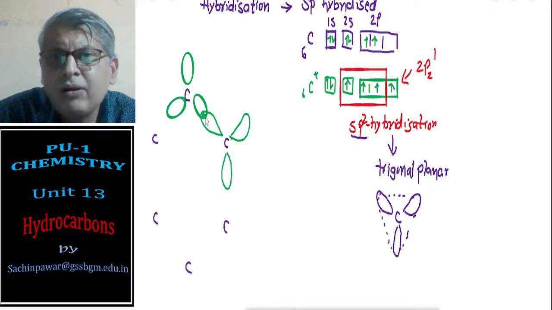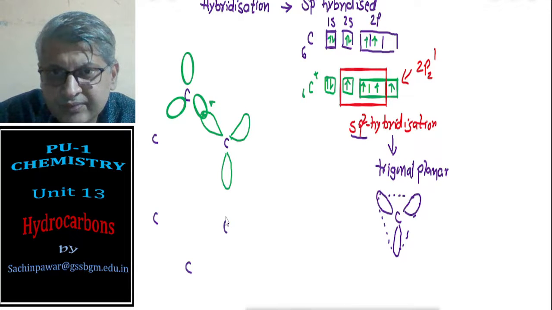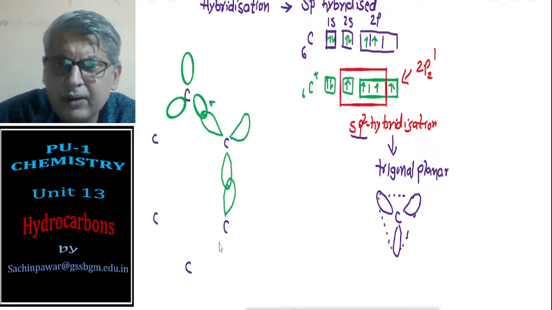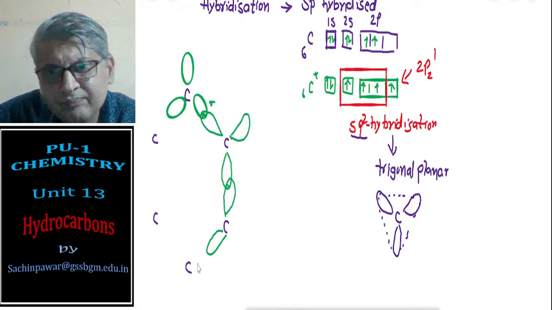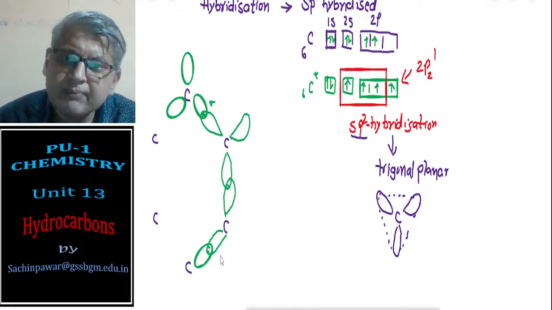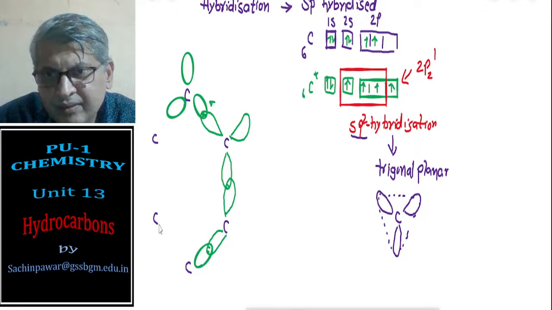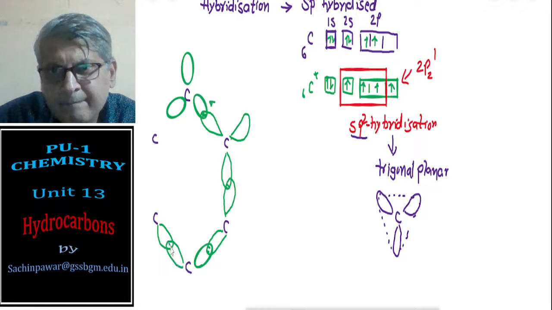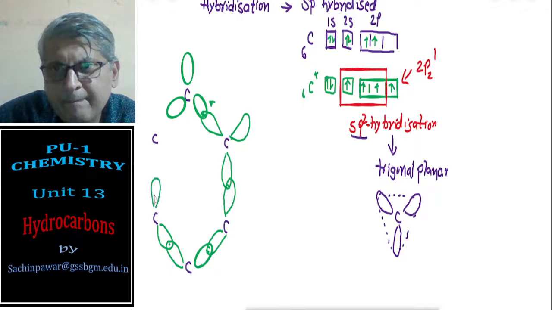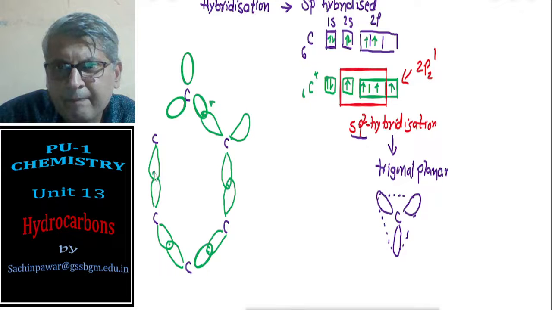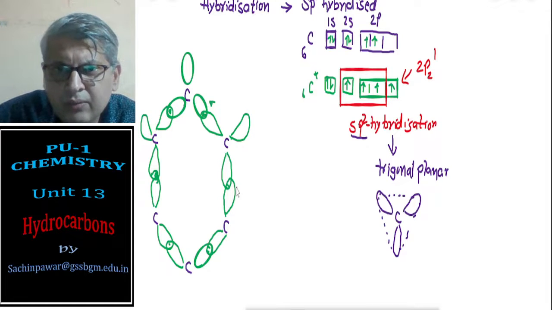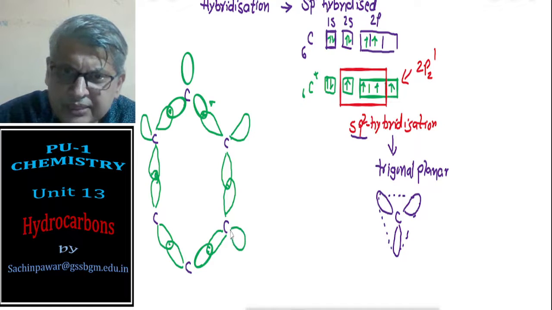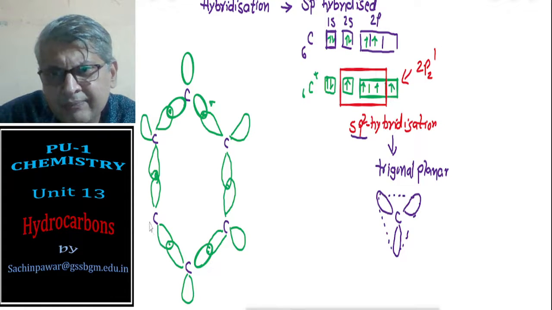The adjacent sp2 hybrid orbitals overlap head on, and we get a sigma bond. That leaves one p orbital and one sp2 hybrid orbital intact on every carbon atom.